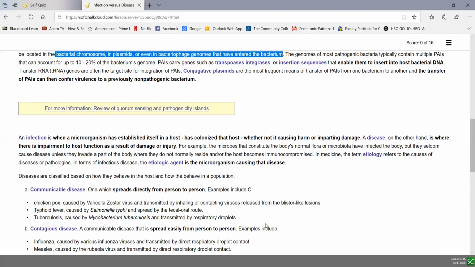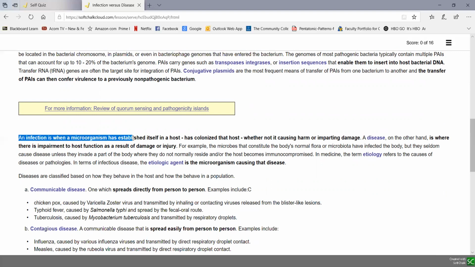So let's look at the terms infection and disease, which we'll be using quite a bit. Now, an infection is when a microorganism has established itself in a host. We say that it has colonized the host. So colonization is when a microorganism establishes itself in the host. It's not being removed by the host.